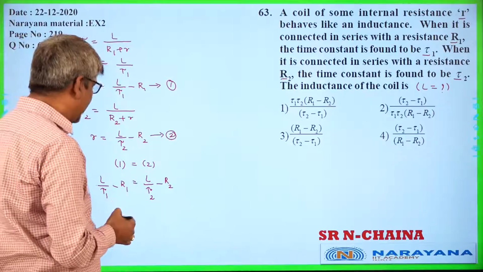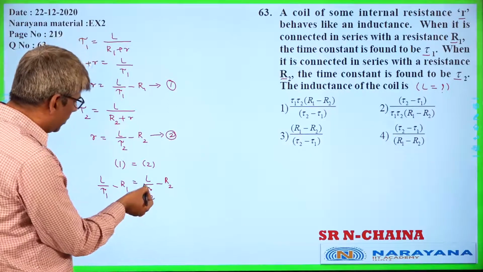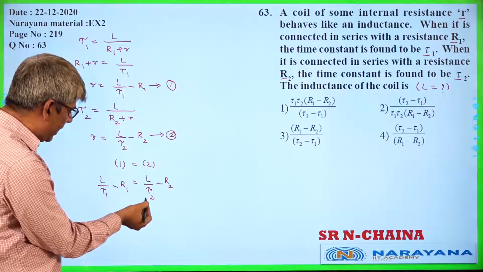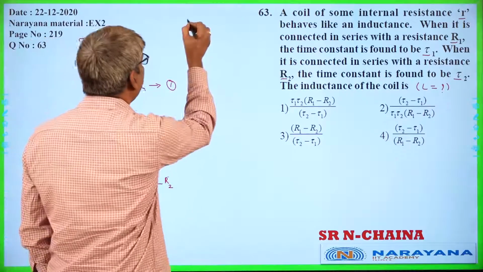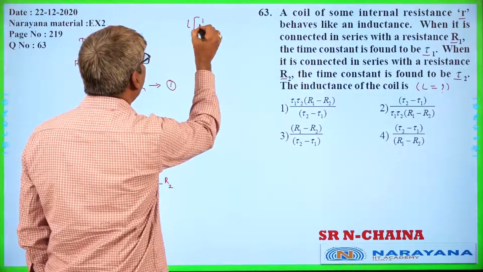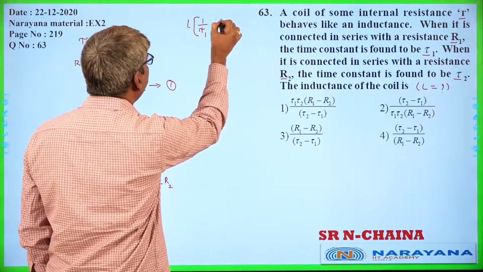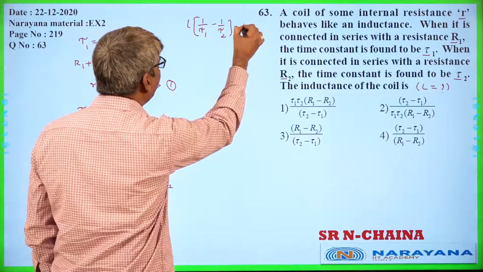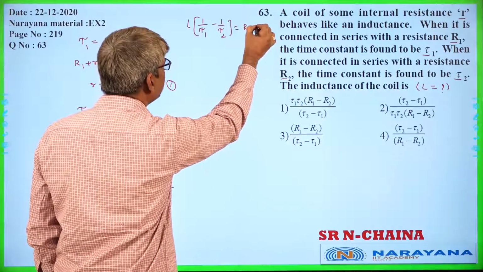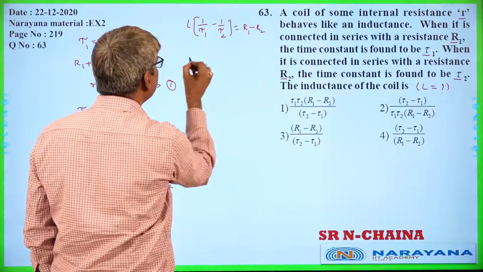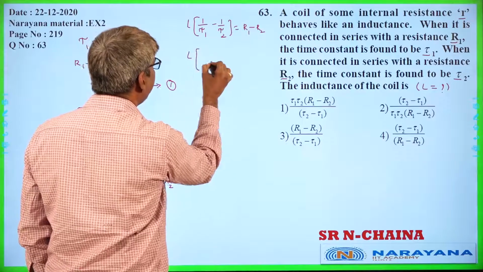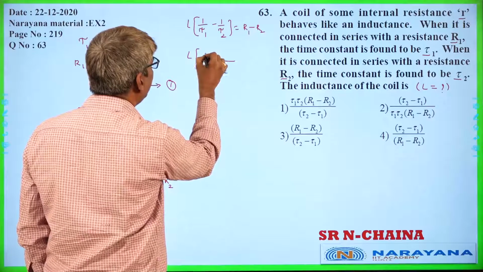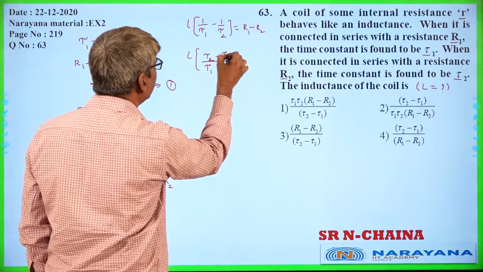So we want the inductor's value. To calculate the value of inductance, bring this L by tau 2 to the left hand side. So taking L common, 1 by tau 1 minus 1 by tau 2 is equal to, and R1 to the right hand side, minus R1 becomes plus R1, and this is as it is. The LCM is tau 1 tau 2, so we get tau 2 minus tau 1 over it.